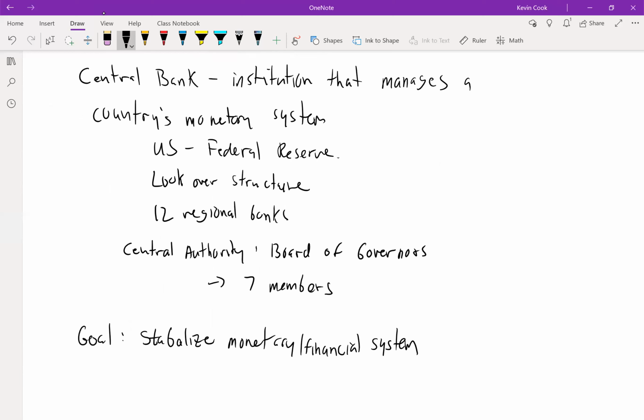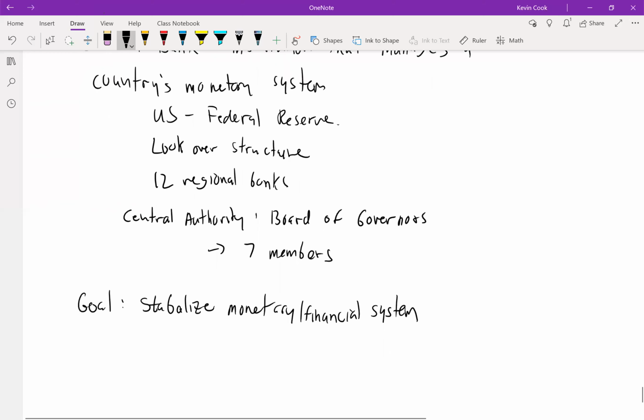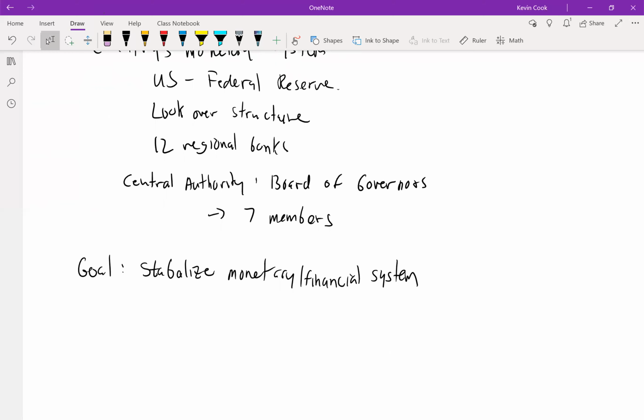I focus more on the monetary because they are going to focus on things like inflation and the value of our dollar, but it does carry over into our financial system as well. If we look back at the issues, one of the issues they had was bank runs. So they want to prevent bank runs and promote stability.